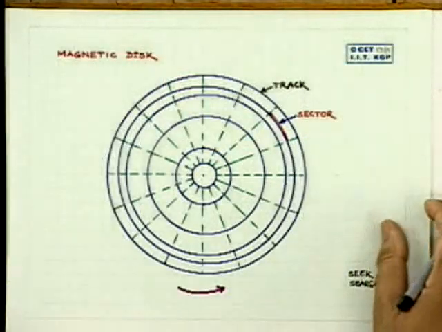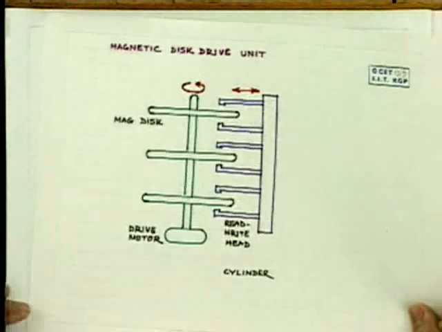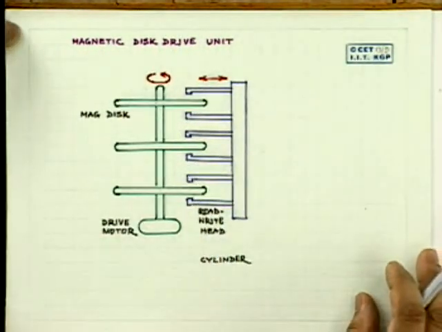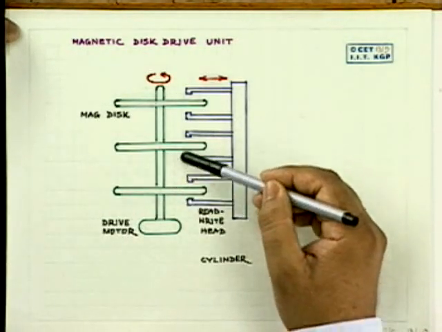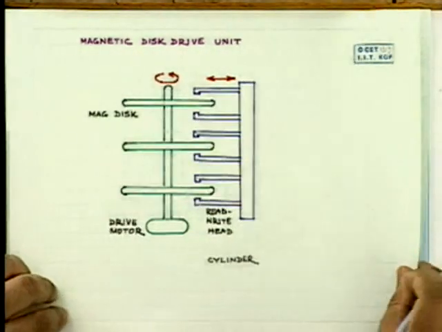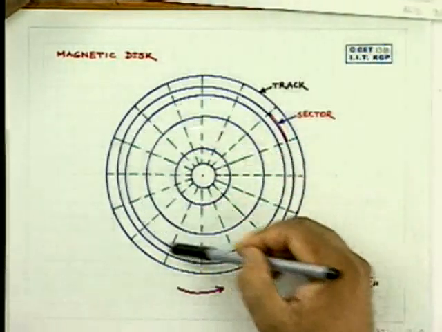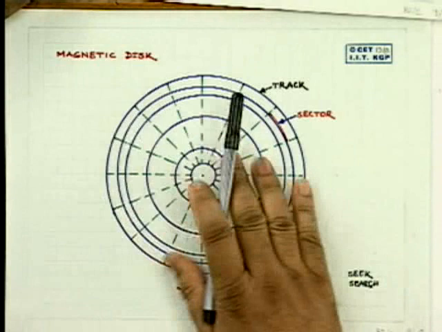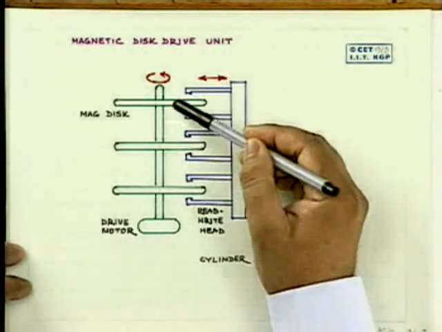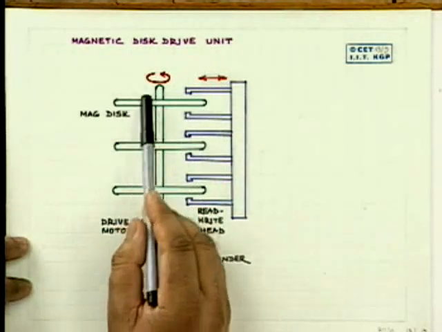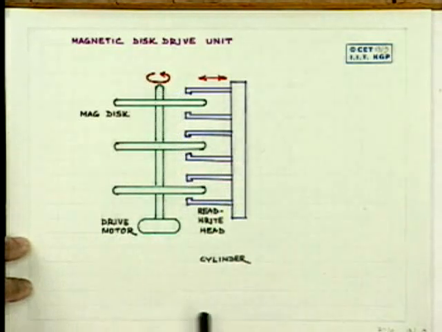Now, a magnetic disk, as this plate shows, which I showed earlier also, can have many platters like this. This is one side of a platter. Here you see that I have shown 3 platters. And the disk is rotating at a very high speed.